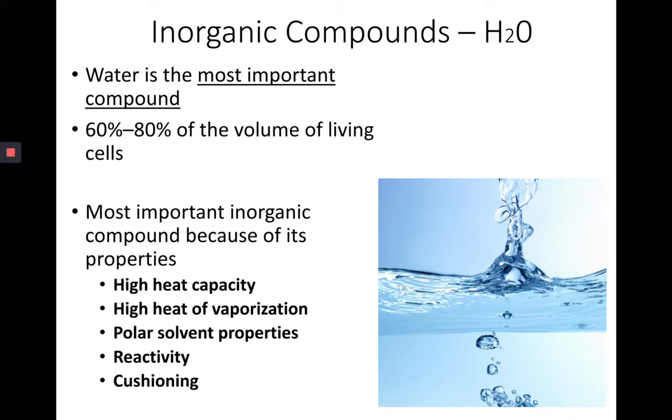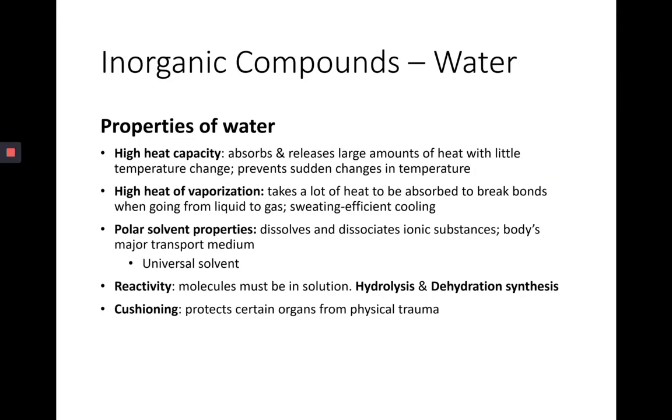And there are some important characteristics that water has, and we're going to go through each of these. Those characteristics are high heat capacity, high heat of vaporization, polar solvent properties, reactivity, and cushioning. So let's look at these properties in a little more detail.